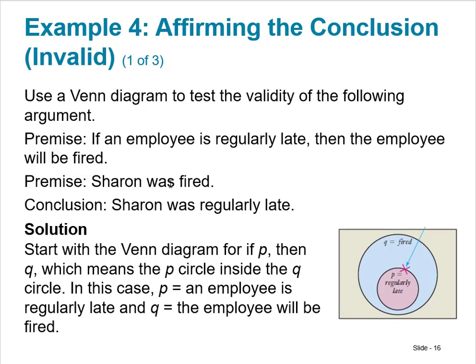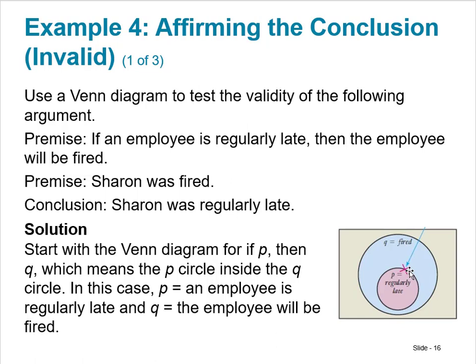Okay. Well, if Sharon was fired, that just means that X is somewhere in the big blue circle. It could be out here in the blue circle that's not in the regularly late, or it could be in the regularly late. So again, we're stuck with this premise that puts our decisions on a borderline. And so the conclusion that she was regularly late is an invalid argument.